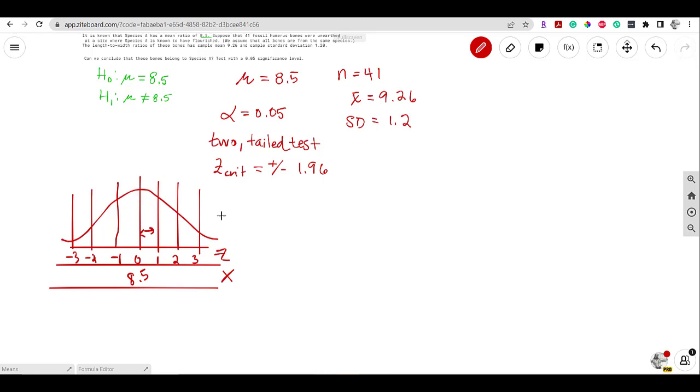To figure out the standard error for means, I'm going to use the standard deviation divided by the square root of the sample size. So my standard deviation of this sample was 1.2, and I'm going to divide that by the square root of 41. So I can get my Google calculator here and figure this out.